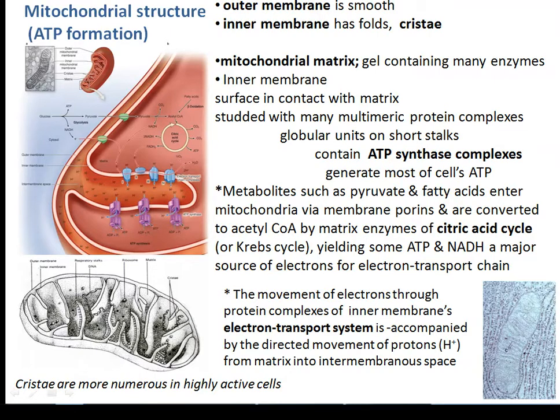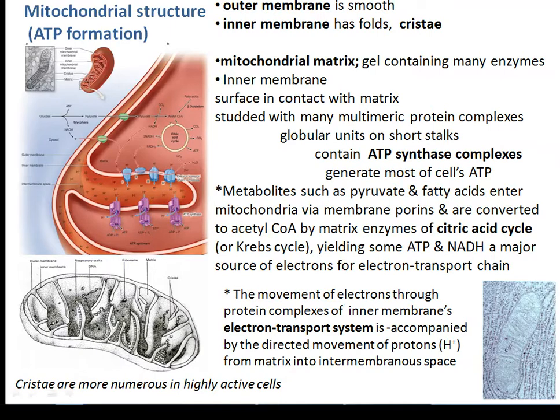Pyruvate and fatty acids enter the matrix of the mitochondria. Here, these substances undergo some change, and first of all, they are converted to acetyl coenzyme A, which enters the citric acid cycle, the Krebs cycle. During this citric acid cycle, ATP molecules are produced and also some intermediate substances like NADH and FADH, which are major sources of electrons for the electron transport chain.